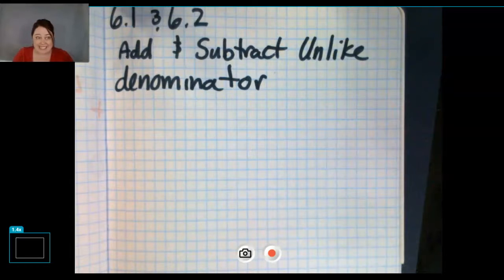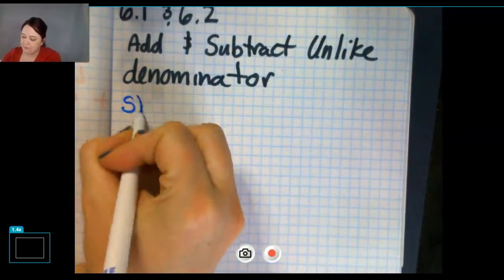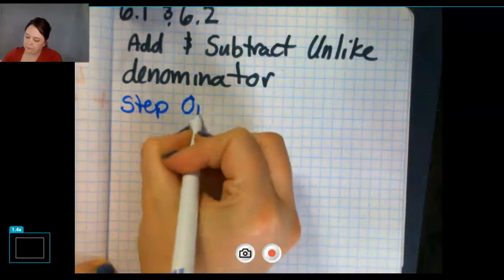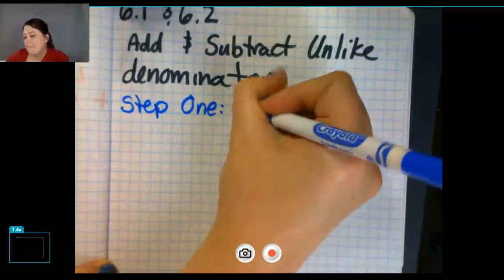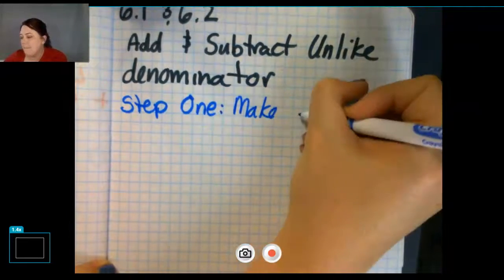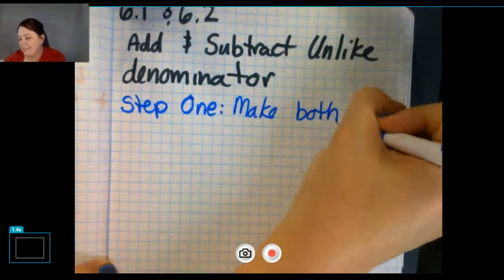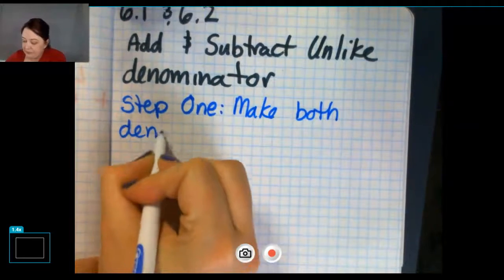Most of the fractions that you see today are smaller than typical, and hopefully to see what their common denominator is won't be too much. So for the steps of adding and subtracting unlike denominators, step 1, make both denominators the same.